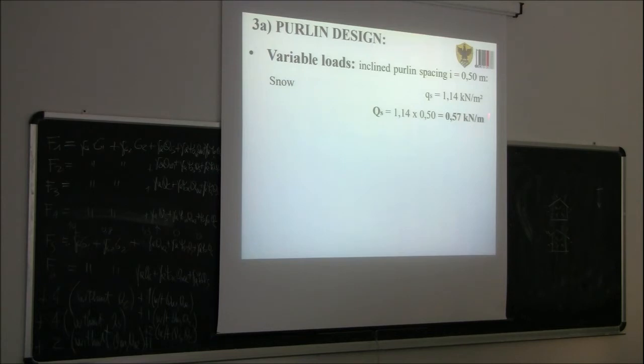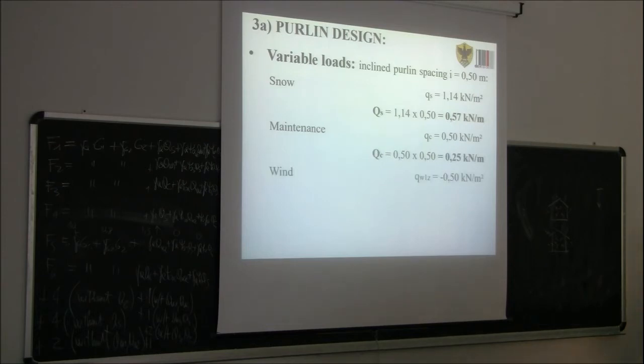So yesterday we transformed all of that into values per square meter of inclined surface. Snow, 1.14 times 0.5, is 0.57. Maintenance is 0.5 times, again, the spacing, which is 0.5, so 0.25.